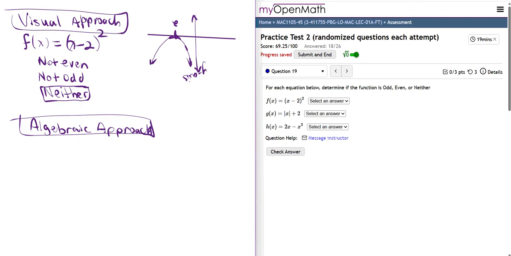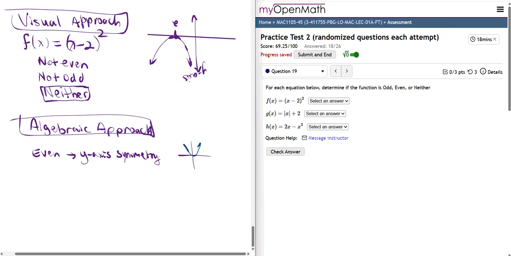Now I can take the algebraic approach. If something is even, that means it's symmetric across the y-axis. So what does that mean? Let's use one that is symmetric across the y-axis like this.